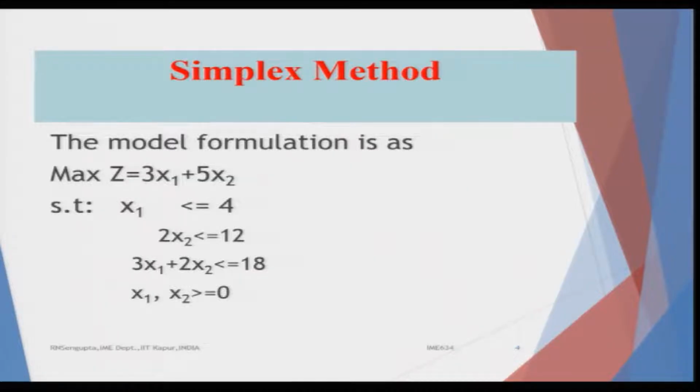Now, remember here all of them are less than or equal. So, obviously, you have to understand what you are going to add, slack or surplus, depending on the problem. It would mean that if you produce in plant 1 with utilization at 100%, you will produce a maximum of 4 units of product 1.